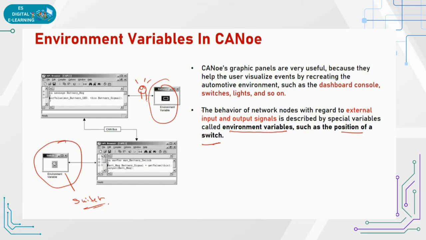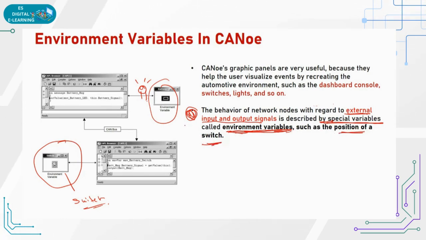Okay, so you can write down: the behavior of the network node with regard to the external input and output signal, underline external input and output, is described by special variables called environment variables, such as the position of a switch.